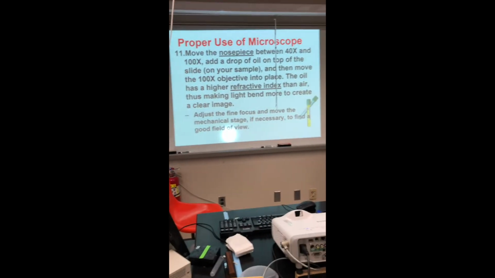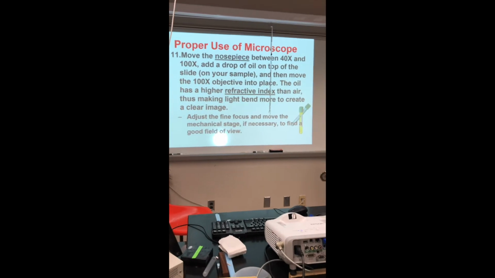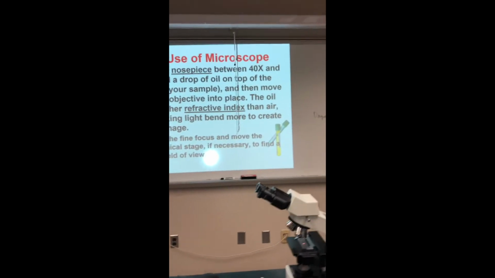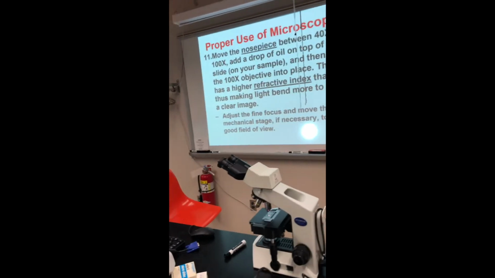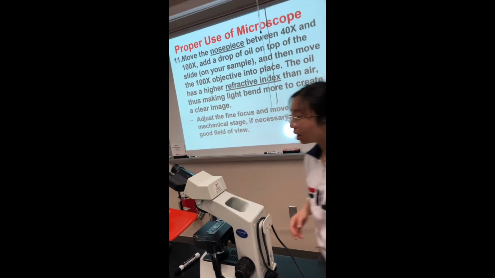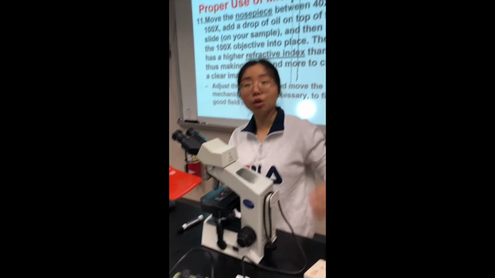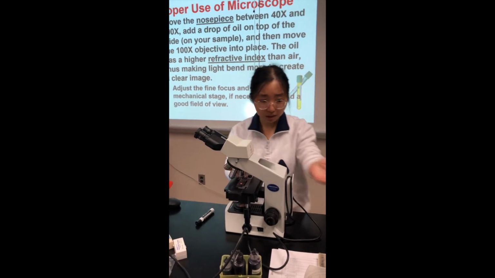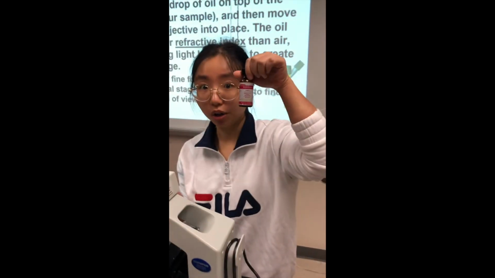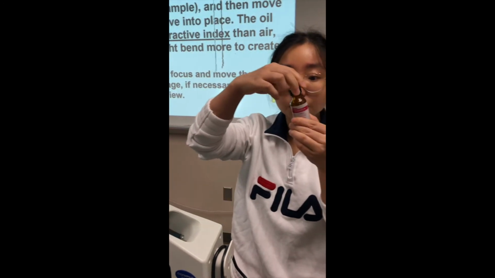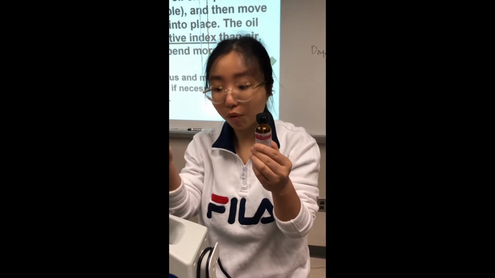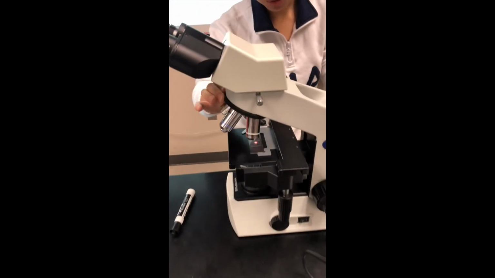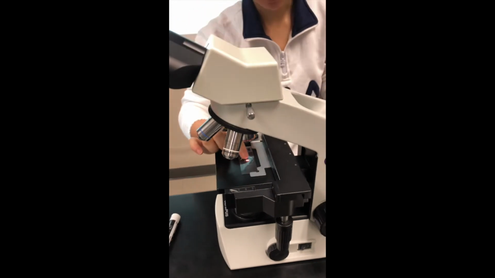We are going to go from 40 times to 100 times, still using the fine focus. And for the 100 times, this is something I want to talk about. 100 times also has a name, oil immersion lens. Oil, that means you are going to add 1 drop of oil over your slide here.